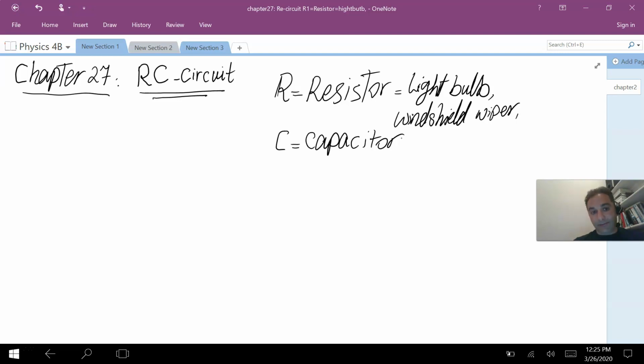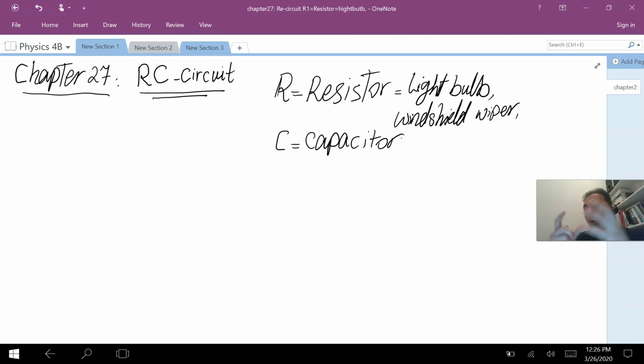Do not forget this. So in any circuit, you need to control the time, that is how much electric current you want to pass through the resistor at certain time, how much charge you want to have on capacitor at certain time, how much voltage you want to have across capacitor at the certain time.